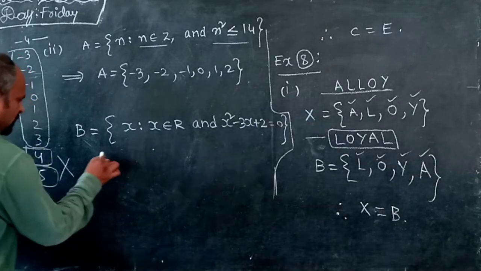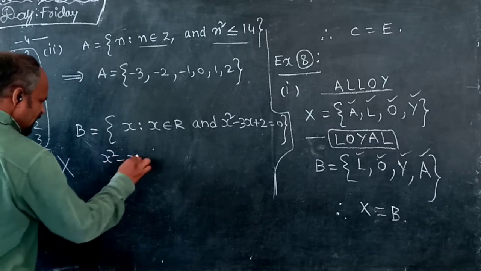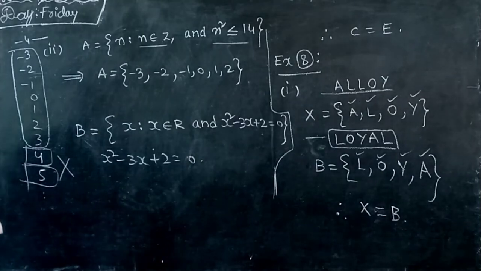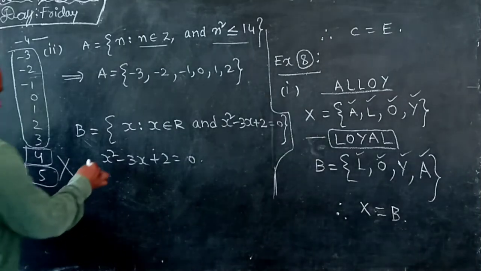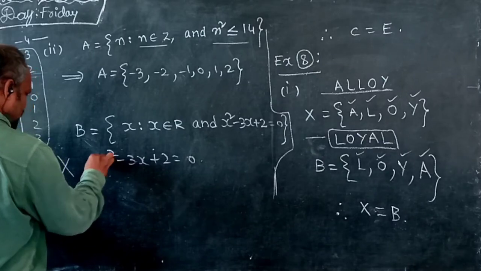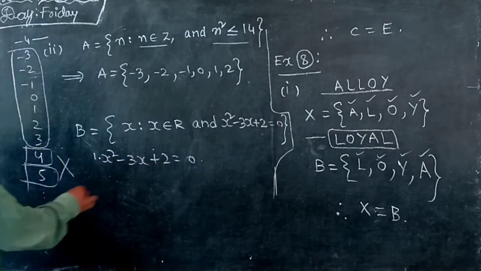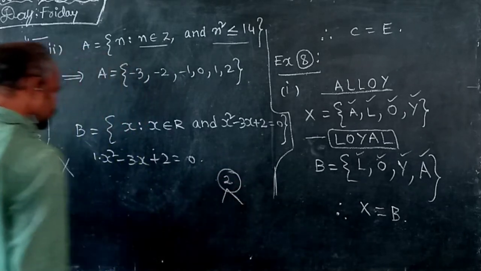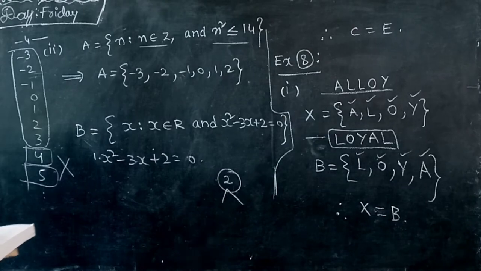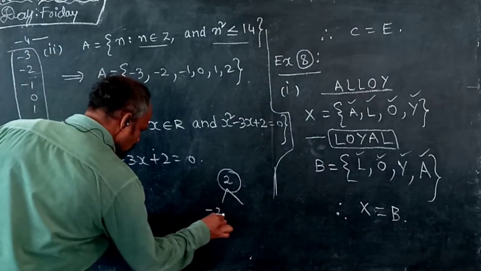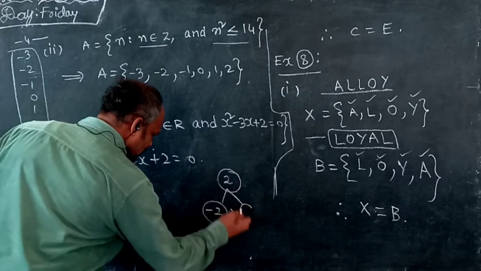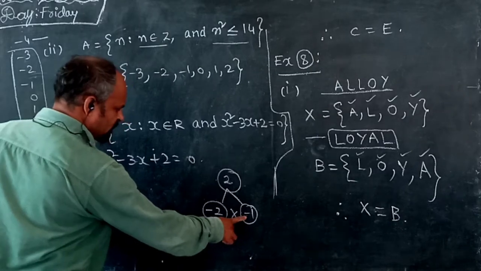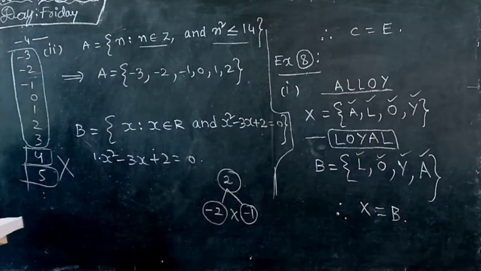So let us solve this equation. x square minus 3x plus 2 is equal to 0. So here, x square coefficient is 1. So 1 into 2, I need to get the product as 2. So if I take minus 2 into minus 1, I will be getting the product 2. First condition is satisfied.